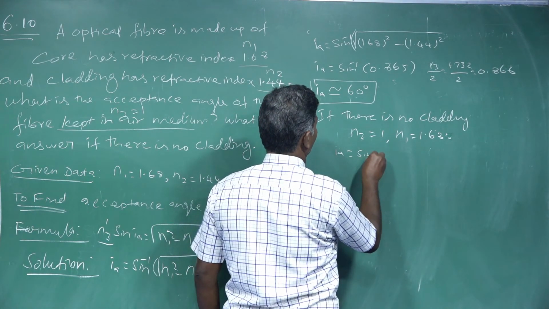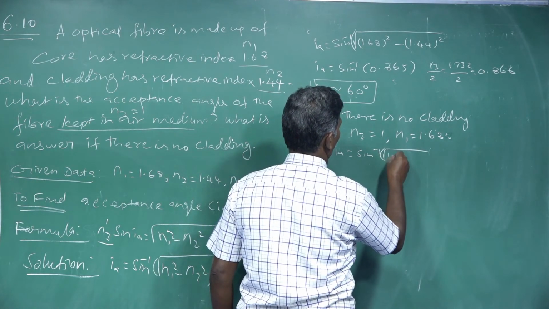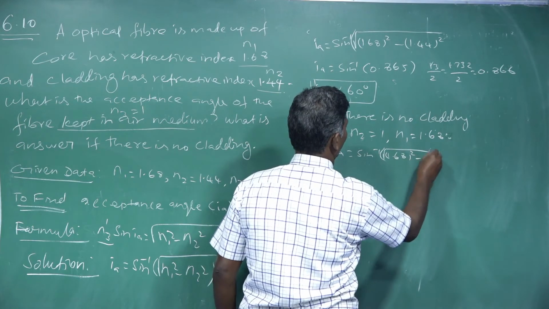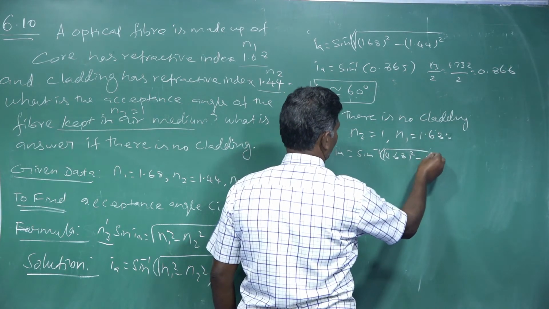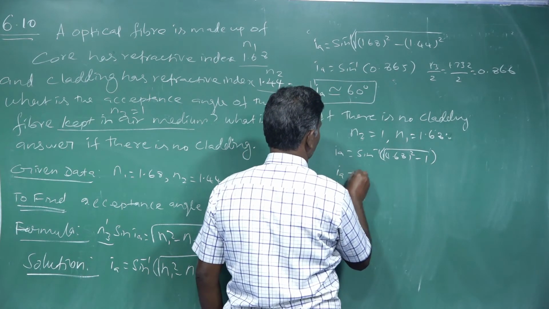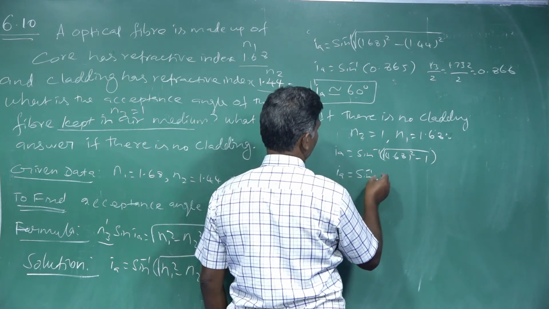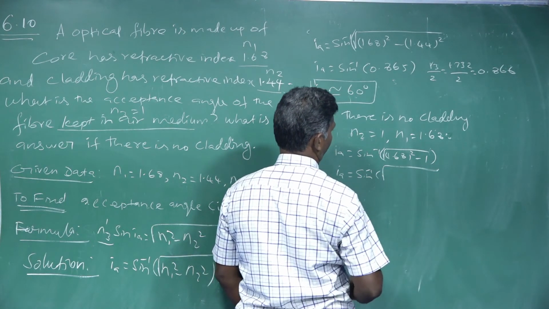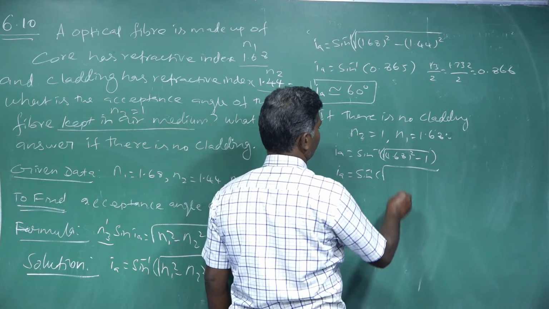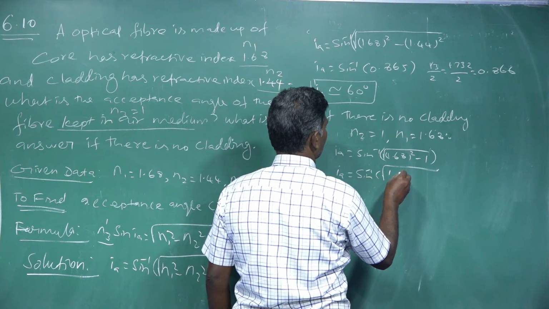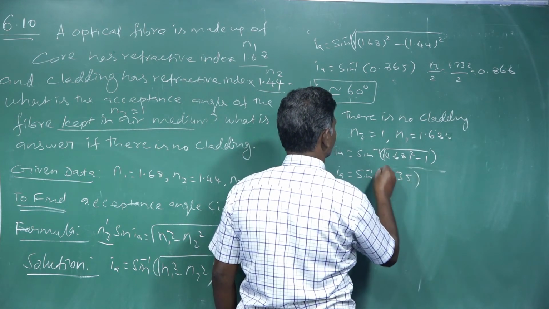IA is equal to sin inverse of square root of 1.68 whole square minus 1 square. Here 1.68 square minus 1 totally becomes 1.35.